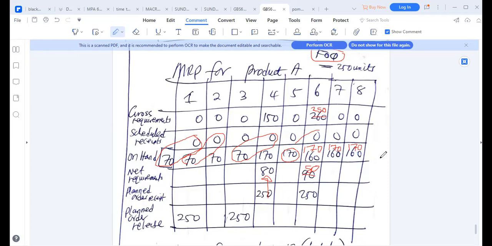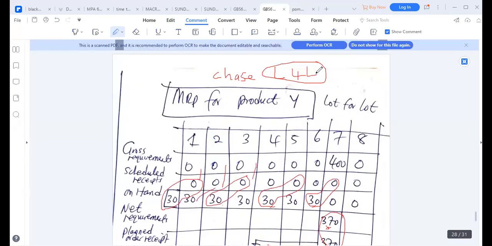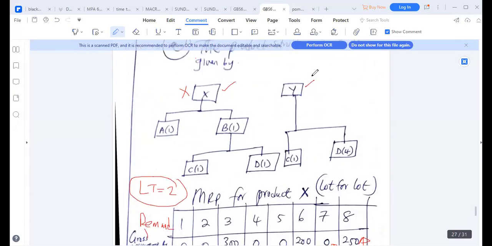Okay, then getting down to product B. Since we have the product structure, we go back to the structure. The most important thing to understand is that for B, it's given us 1.